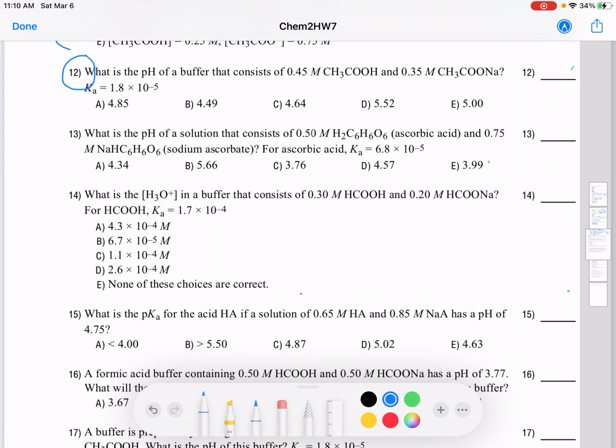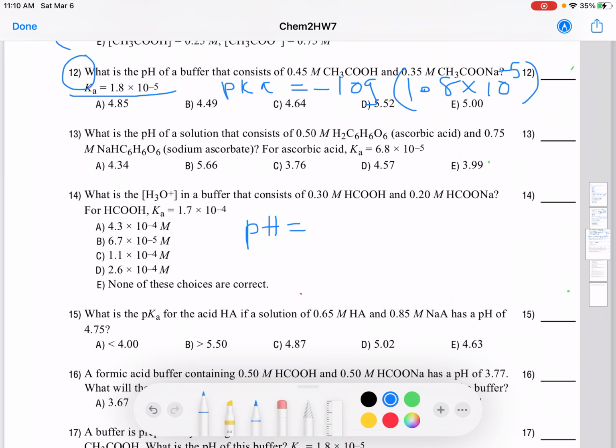So Ka is given, and you can find the pKa, which is the negative log of 1.8 times 10 to the negative 5. So find that pKa and get that answer.